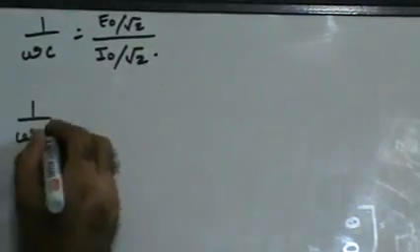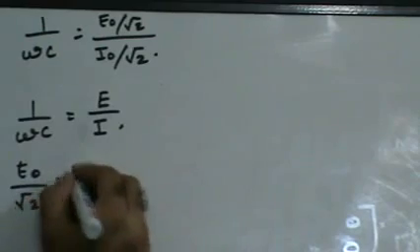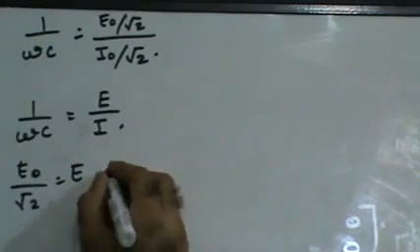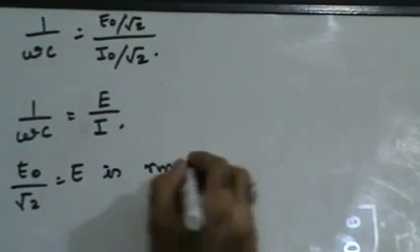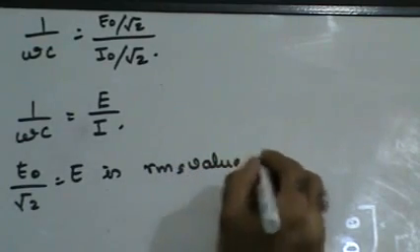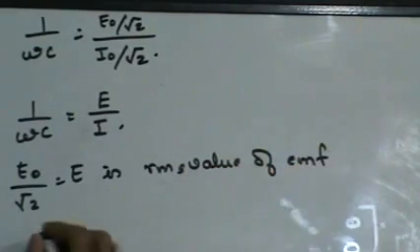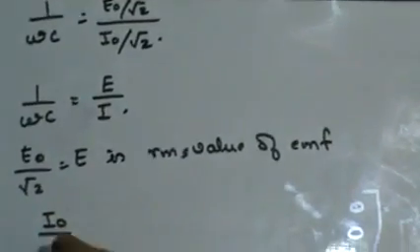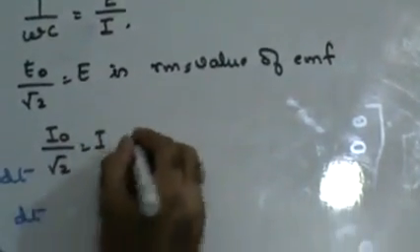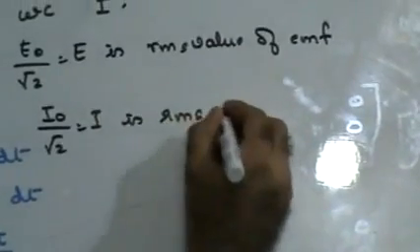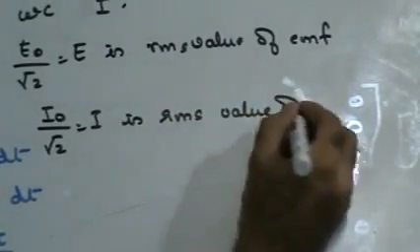So I can say 1 upon omega C is E RMS upon I RMS. Now, E0 by root 2 is the RMS value of EMF and I0 by root 2 is the RMS value of current.